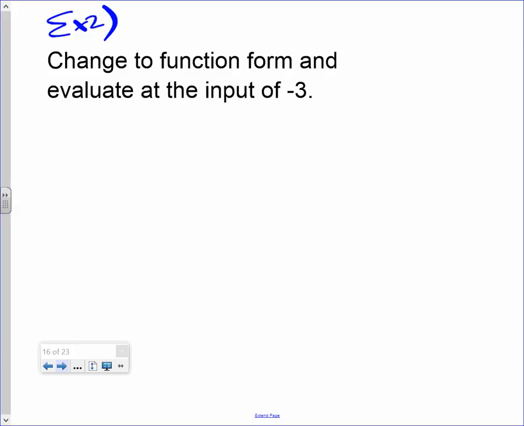Change to function form and evaluate at the input of -3. So go ahead and give it to me in function form, Valdez. Sorry. All right. Give it to me in function form, Valdez. Hit it.